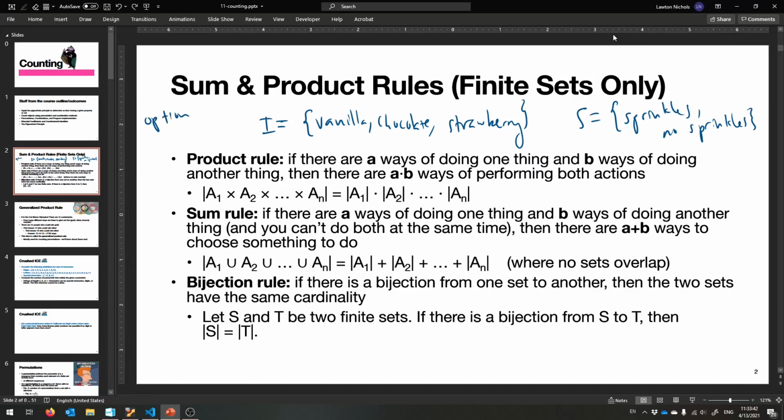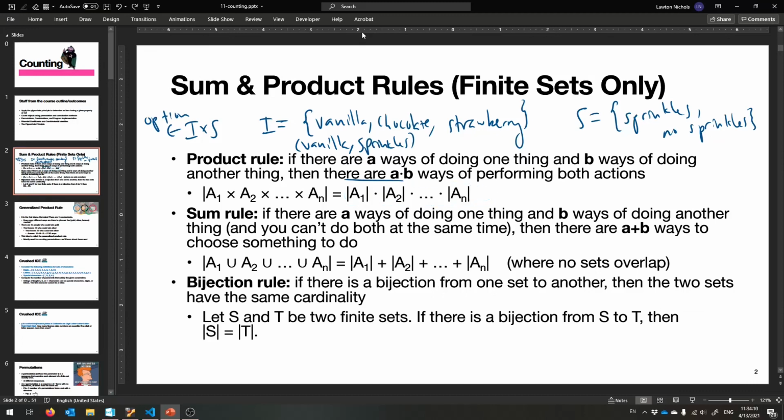Each option is an element of I cross S, because I want vanilla with sprinkles. That's just an ordered pair. And you have 6 different ones. It's just making the statement that if you take the Cartesian product of a bunch of sets, the size of that is the size of each individual set multiplied together. So that's the product rule.